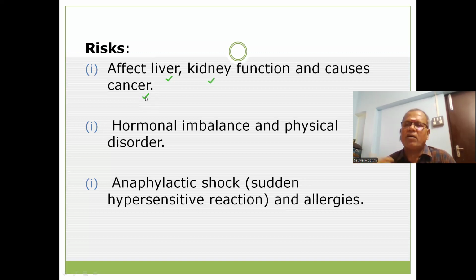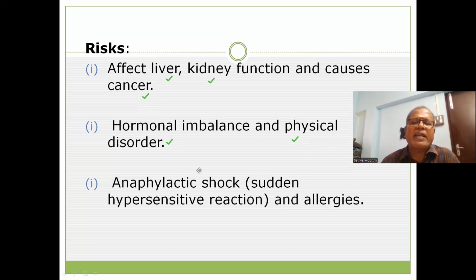They stimulate the cells for dangerous mutation, and rapid proliferation of cells causes cancer in our system, and hormonal imbalance and physical disorders. So chemical stimulation leads to hormonal imbalance, either hyper or hyposecretion, and it causes physical disorders in human system.